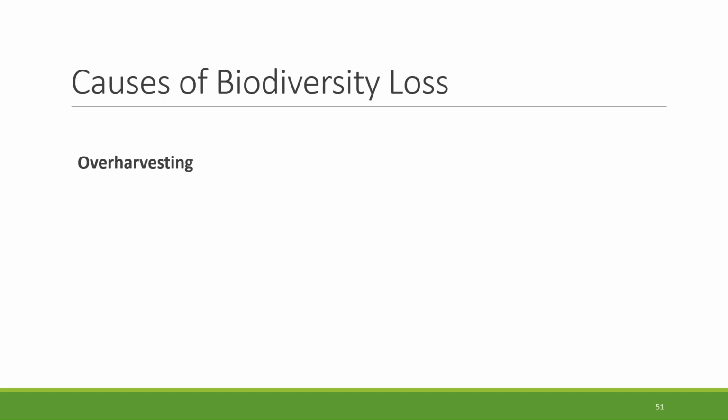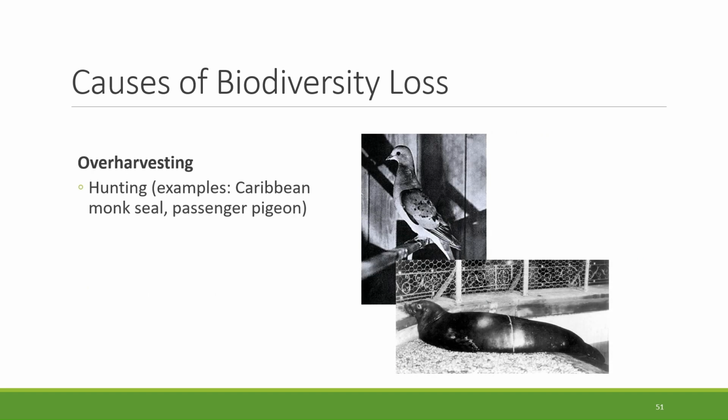Biodiversity loss is also being caused by overharvesting. Overharvesting essentially means taking more from nature than it can replenish. And one way this can happen is through overhunting. There are many examples of species that have been driven to extinction due to being overhunted.